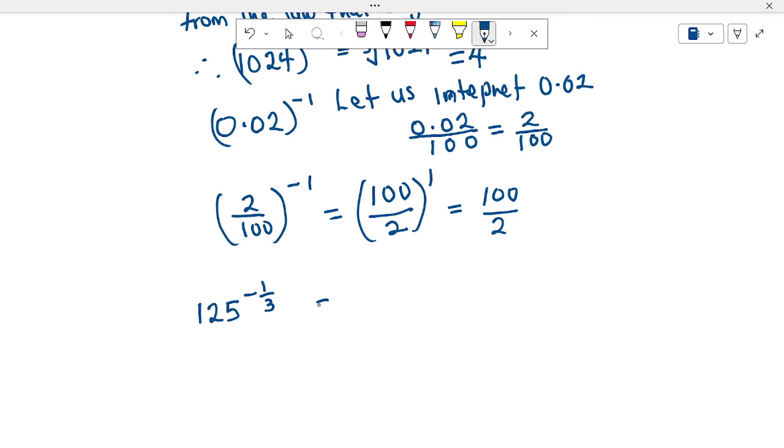So somersault it, you have what? 1 all over 125 raised to power 1 all over 3. Don't forget the raised to power 1 all over 3 up here. I think we've done something like that in the past, in our past problem solving. So this is the same thing as saying 1 all over the cube root of 125. And the cube root of 125 is 5. So it's the same thing as saying 1 all over 5.